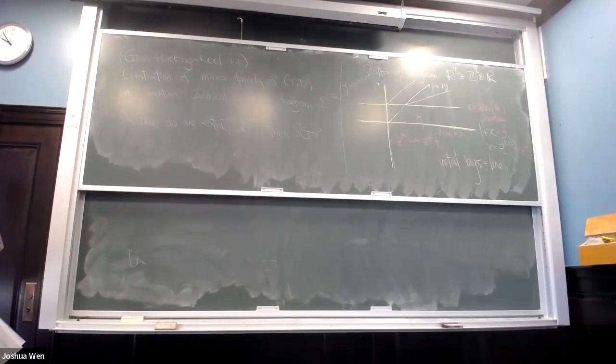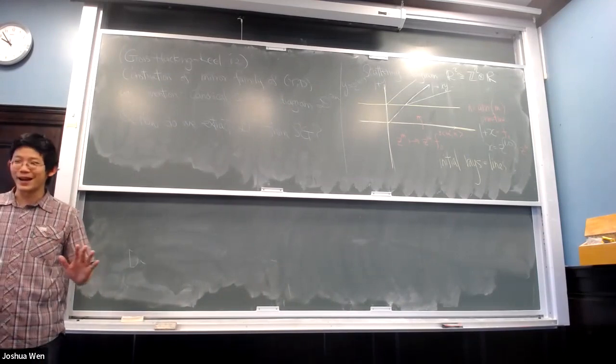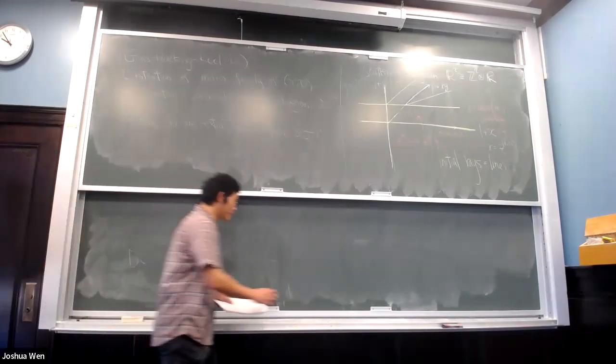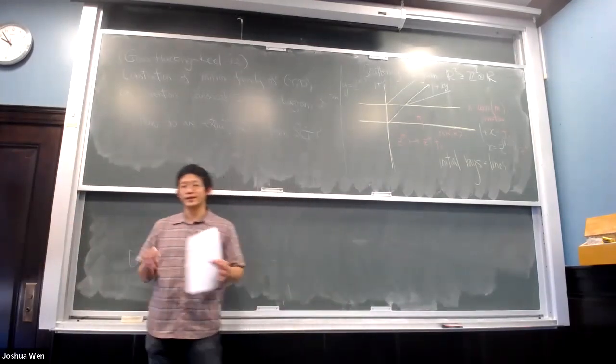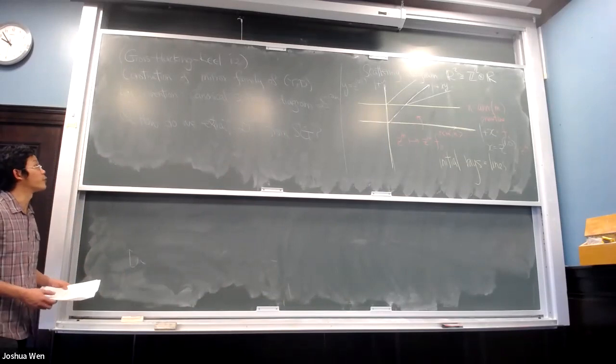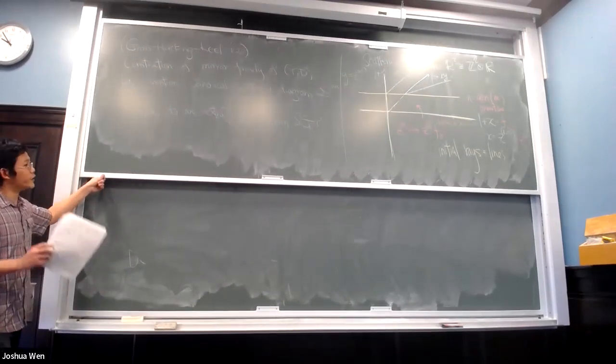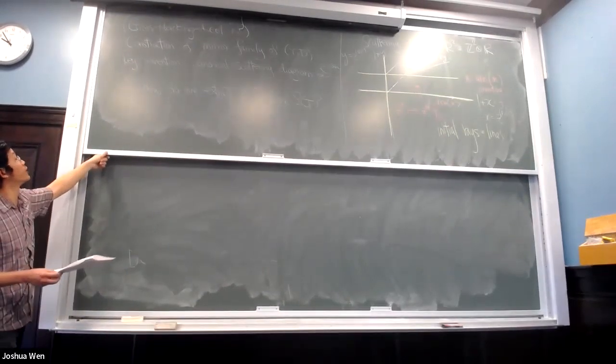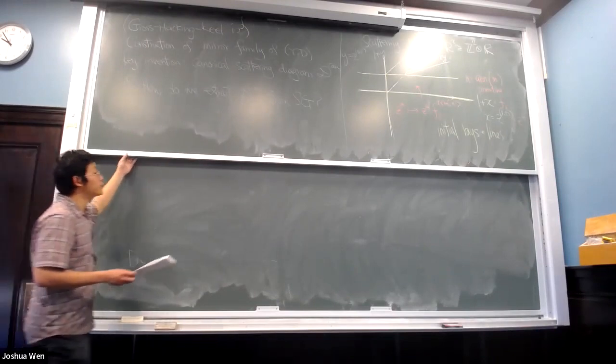Maybe let me explain a few examples, and I'll probably be able to answer that. What do we mean by mirror? There's a natural reason why they call it a mirror map.